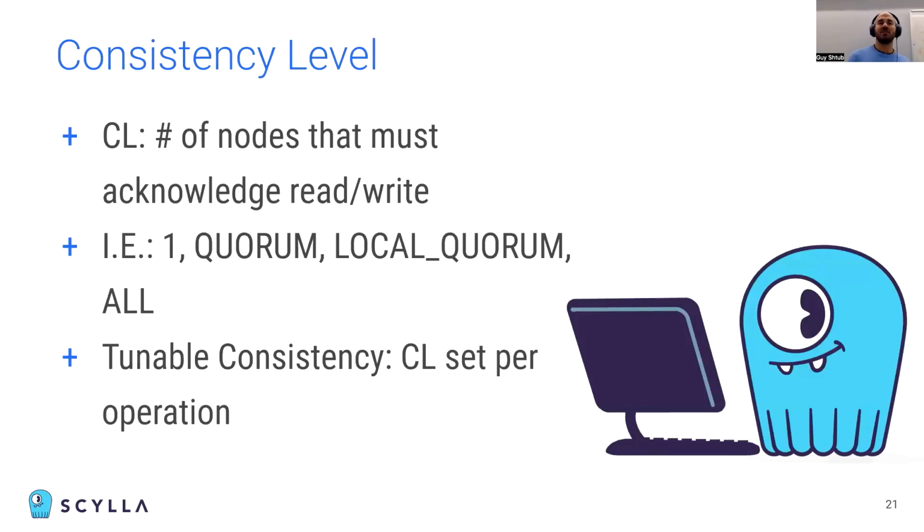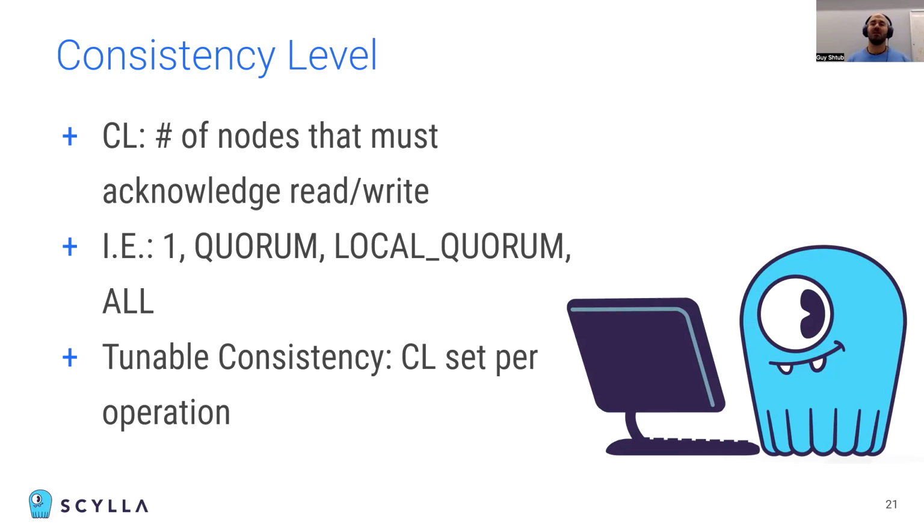Another important concept is the consistency level. Consistency level is also something that's defined by the user, and that is the number of nodes that must acknowledge a read or a write request. Now that can be configured even per query. So it might be that I have a query where I need to get very consistent data, so I can set the consistency level to be high.